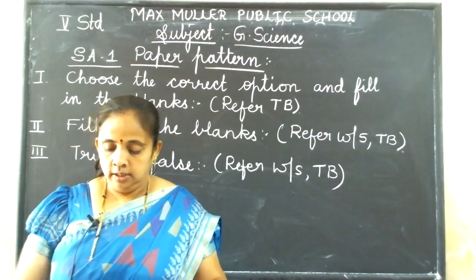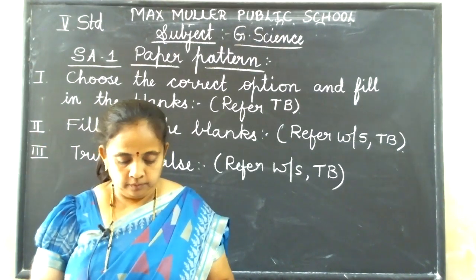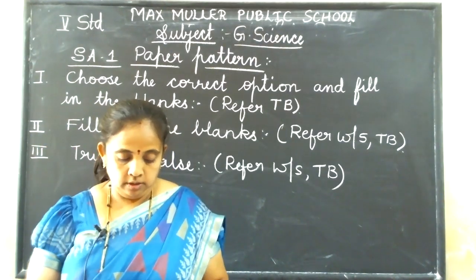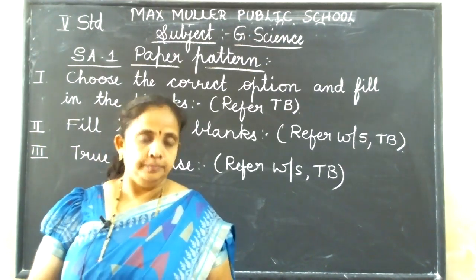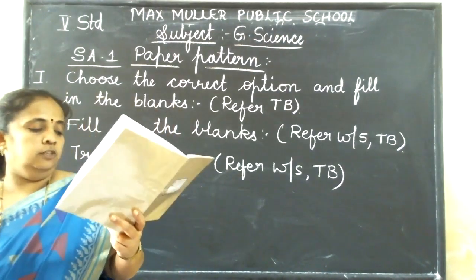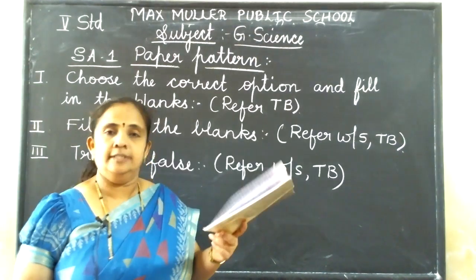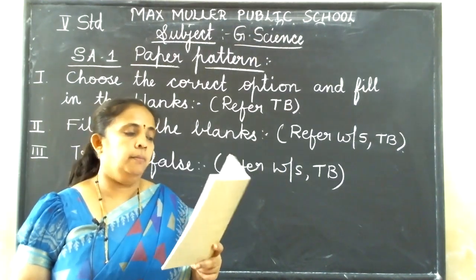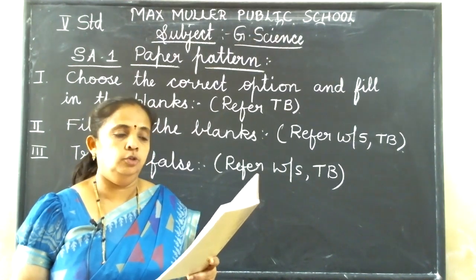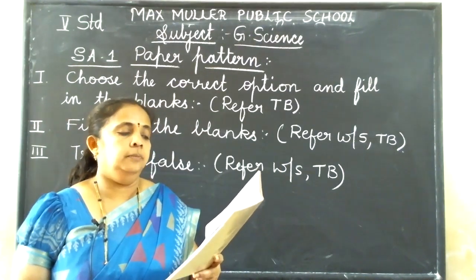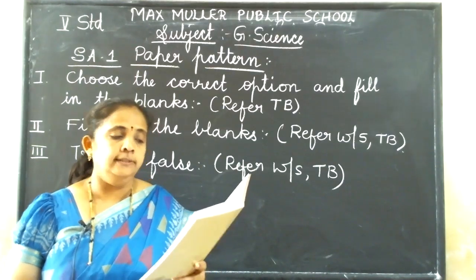Now coming to the worksheet. Again take out July, in that second main. Dispersal of seeds is important for plant survival. True. Pollination is the first step towards seed formation. True. All plants reproduce from seeds. False.